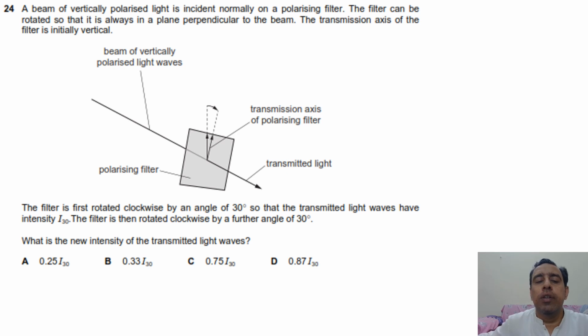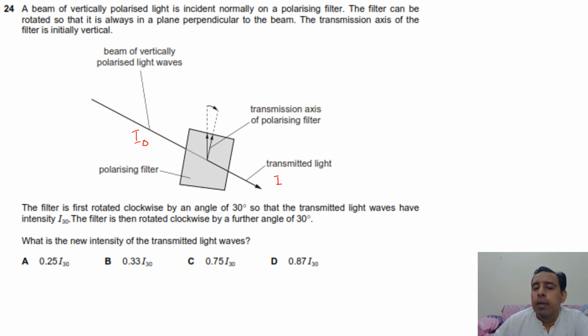Moving towards this question. This question is a little different from the previous question because we have just one filter attached here. We have this beam of vertically polarized light having some particular intensity, I naught, and at this point we have some new intensity I. In this question, the filter is first rotated clockwise by an angle of 30 degrees, so that the transmitted wave has the intensity I30.